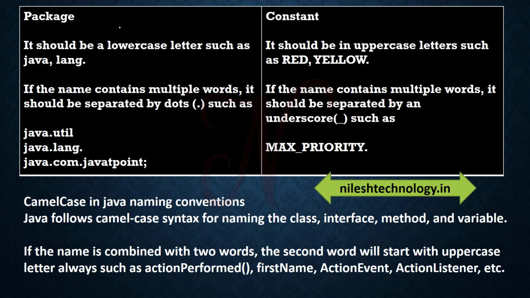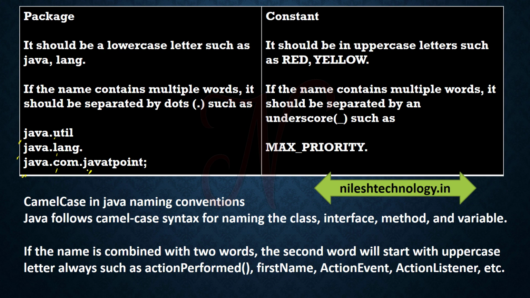Package name means that if you import some packages like import java.util.*, java.io.*, then for every package the first letter will be small. If there are multiple words, they are separated by dot, creating a subfolder. So a package is like a folder.